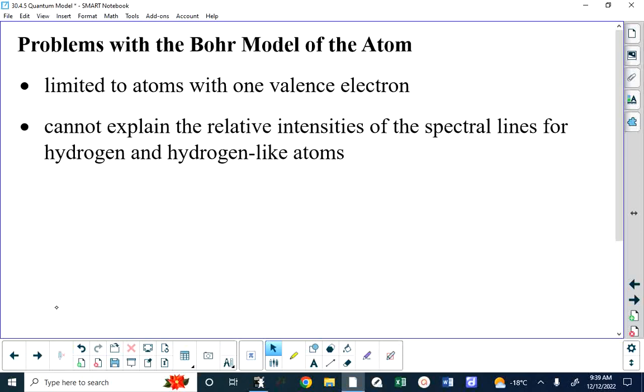What that means is the transition that's occurring in hydrogen to produce red, which happens to be 3:2, happens a lot more often than the transition that occurs to produce violet, which happens to be 6:2. And Bohr is at a loss to explain why some of these transitions happen more often. When I say, by the way, a hydrogen-like atom, I'm talking about lithium, sodium, potassium, rubidium, cesium, and francium.